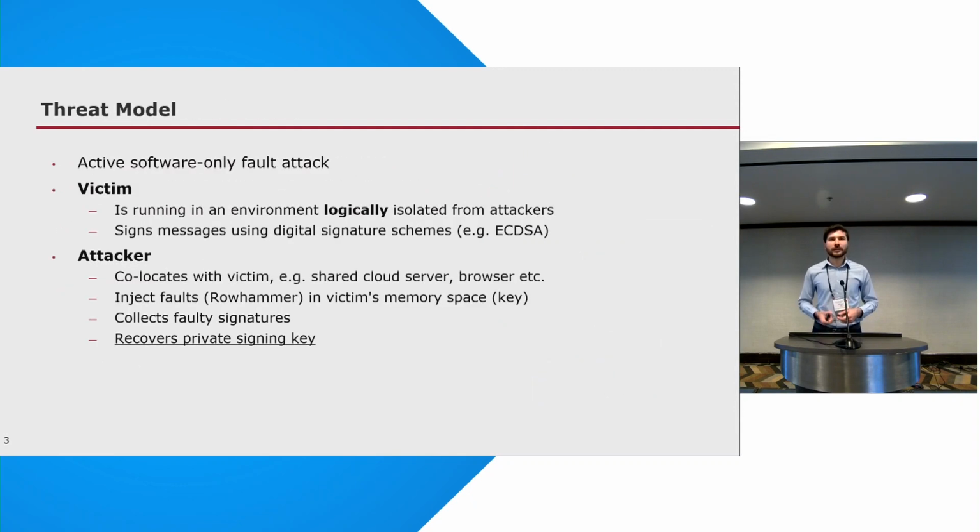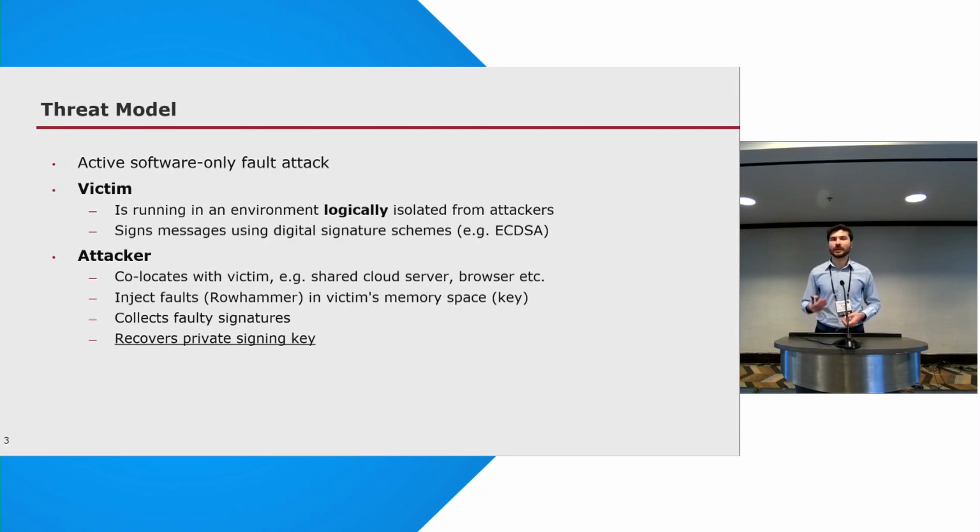So we have an attack on these signature schemes, but what is the threat model? The attack we have is an active software-only fault injection attack, and we assume the victim is running in an environment which is logically isolated from the attacker, and it signs messages using a signature scheme such as ECDSA. The attacker is somehow collocated with the victim.